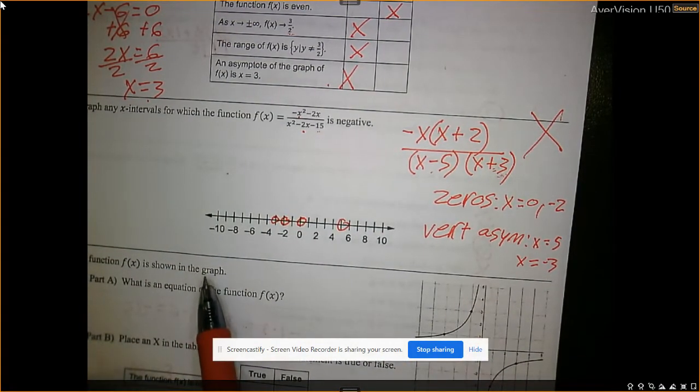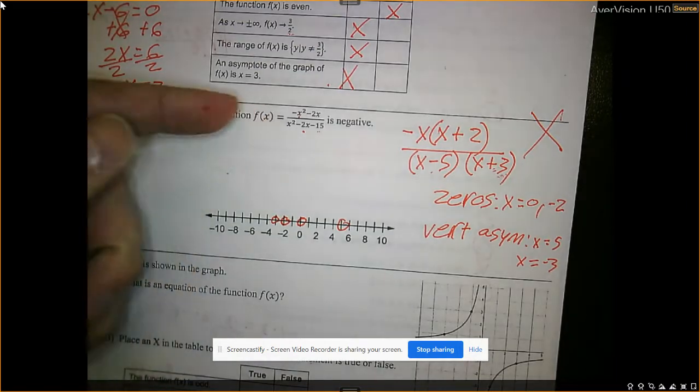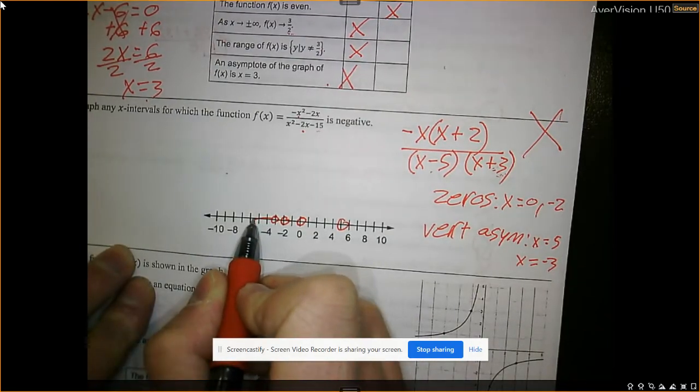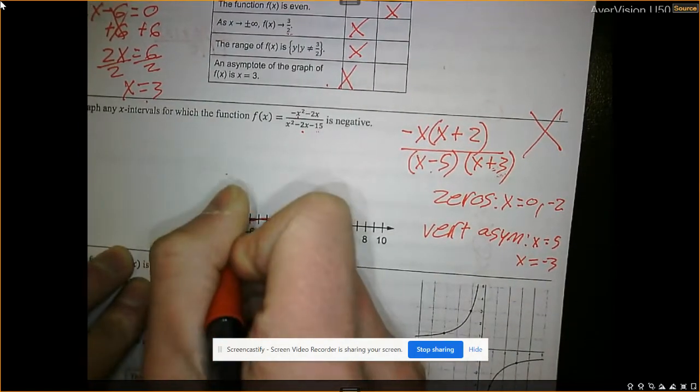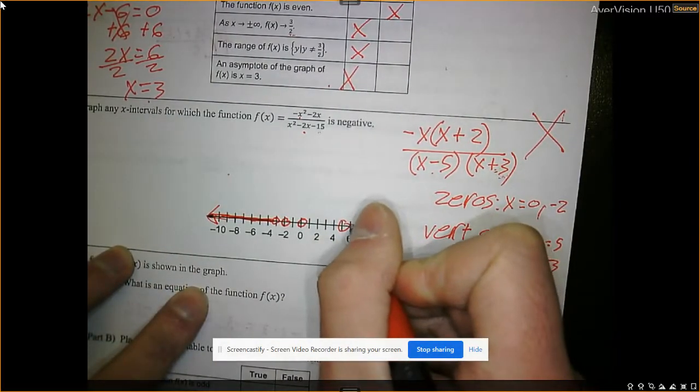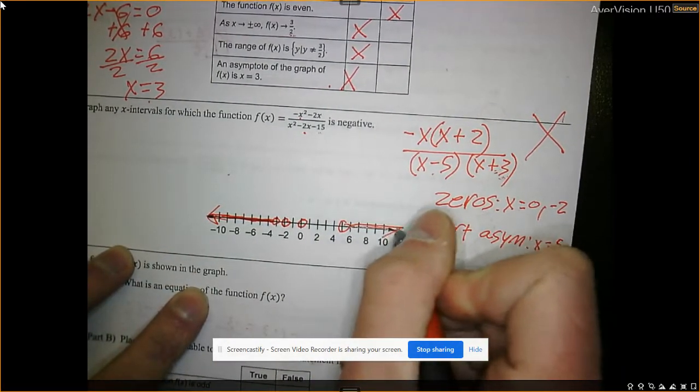You can then see the end behaviors on your graph. When you plug this into your graphing calculator, you'll see that it starts negative, so all of this should be shaded in, and it also ends negative.